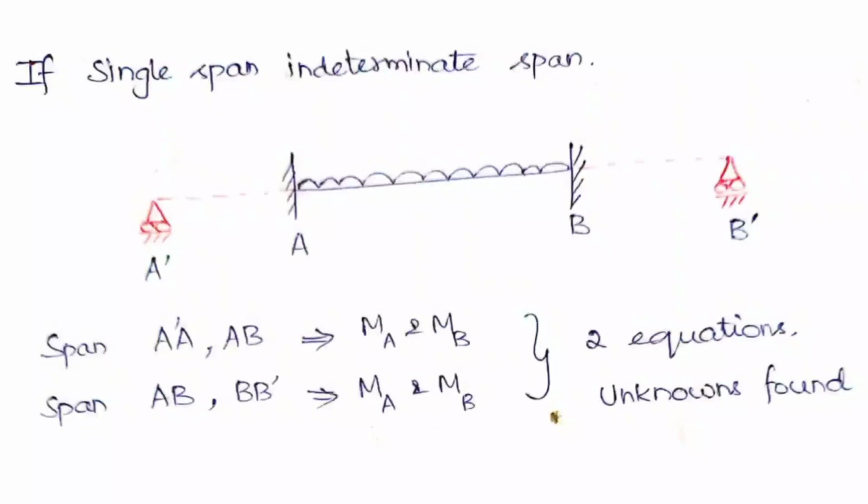We will consider the span A dash A B alone first, and we will be getting moment at A and moment at B in the equation. When you consider the span A B B dash, you will be getting again an equation with MA and MB. When you solve these two equations, you will be getting the values of MA and MB. Here also for the imaginary points, that is A dash and B dash, you have to apply 0 because we are considering those as simply supported ends.